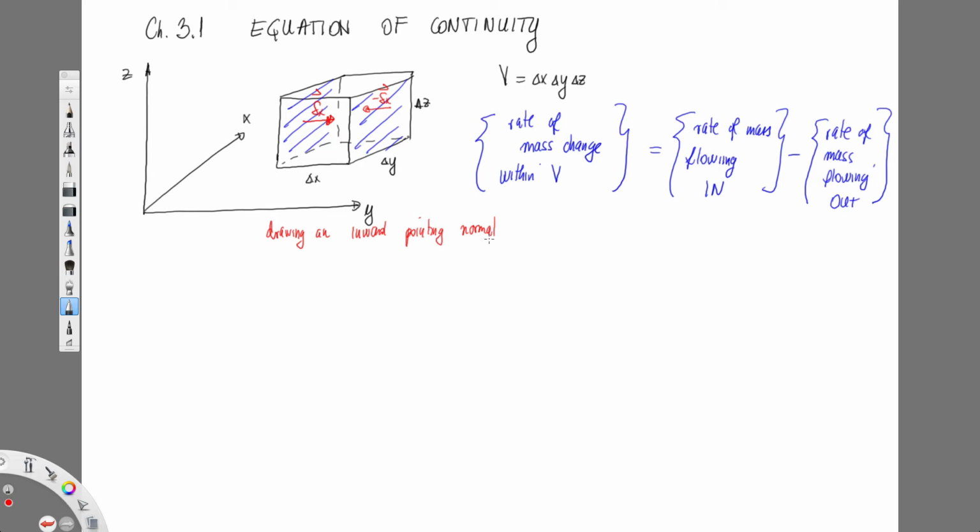So at x, I'm going to continue writing this in blue.